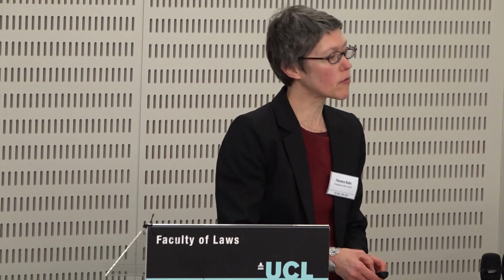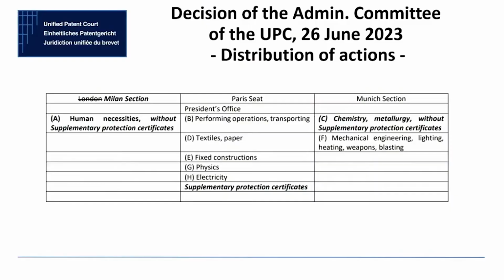I was just wondering whether it was important for the users, the distribution of the cases, if it had an impact, because it is true that some users were, until very close to the start, wondering where they should launch their action.